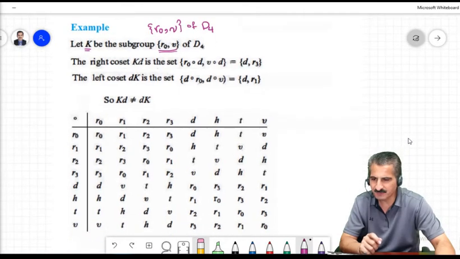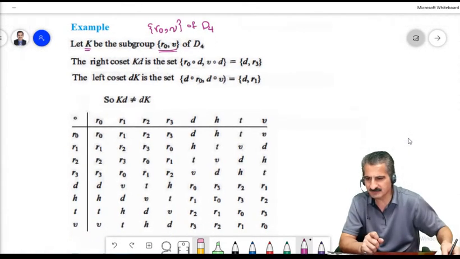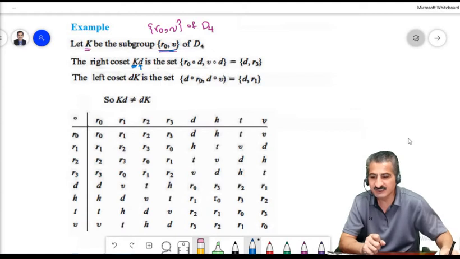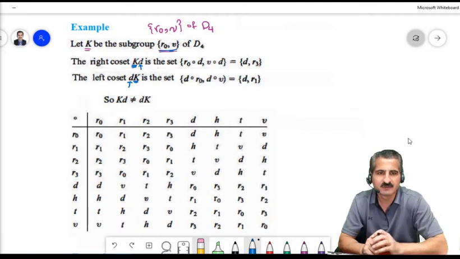So let's compute the right coset. Now we are choosing K to be this subgroup, and we want to compute the right coset of K using D. We can compute the right coset or left coset of the subgroup using any element from the group.